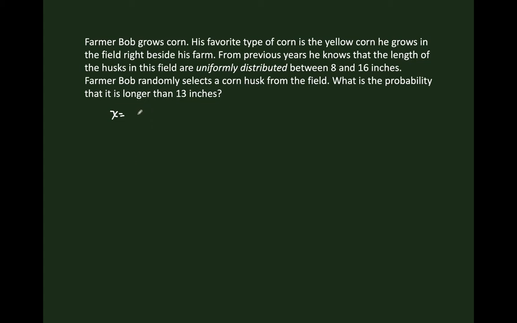X is the length of a randomly selected corn husk. So now we have a variable. And the next question I'm going to ask myself is, is this variable discrete or continuous?